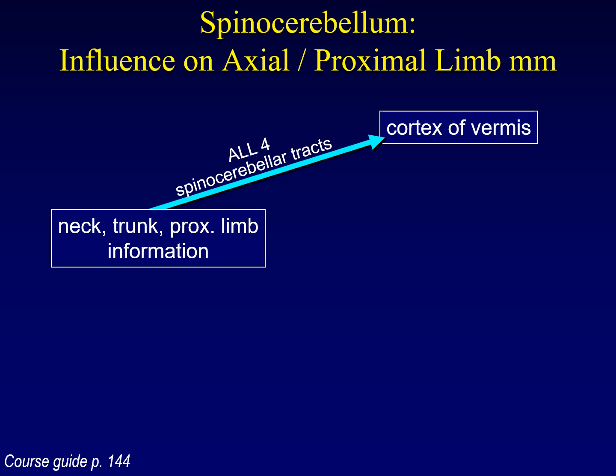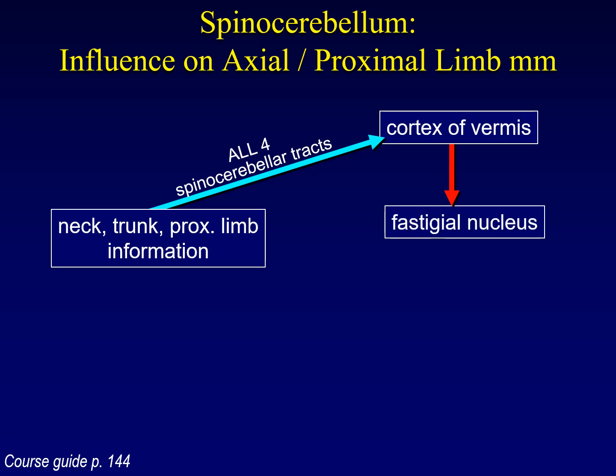The cortex of the vermis has to influence medial motor systems to influence neck, trunk, and proximal limb musculature. And we have to go out through one of the deep cerebellar nuclei. Now remember what I told you about the deep cerebellar nuclei and how they're arranged. The one that's most medial is concerned with movement on the midline, and that's the fastigial nucleus.